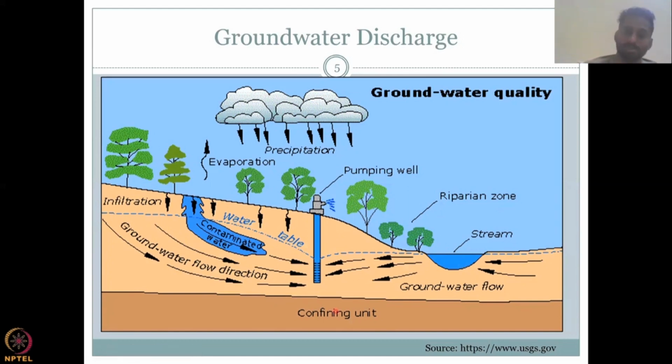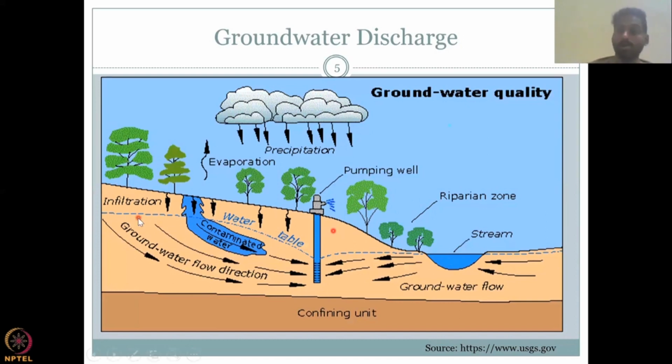Now what happens is when you start pumping, you pull water laterally into the groundwater well. This is your well, and you have removed the screen here, which means water is moving inside. You should understand that it not only pulls your groundwater, but as the water table is being reduced, it starts to pull water which is at equal water table height, for example, the water in the stream.